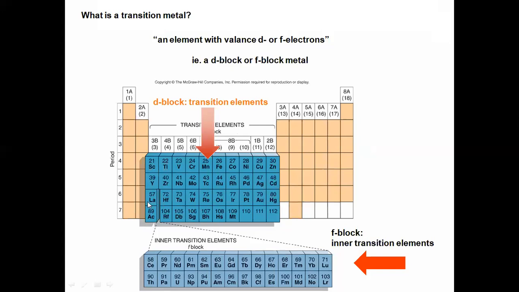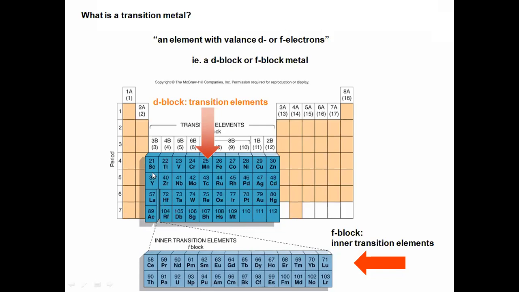Then, except for lanthanum, because it forms a separate series, lanthanum and actinium are included under F block elements. So from hafnium, atom number 72, to mercury, atom number 80, is the 5D series of elements. And the rest of the series contains only 4 to 5 elements.